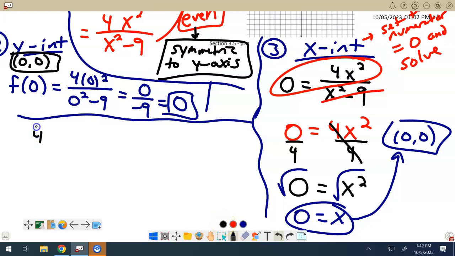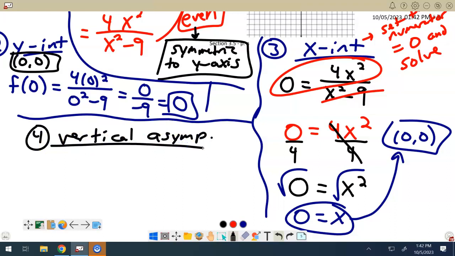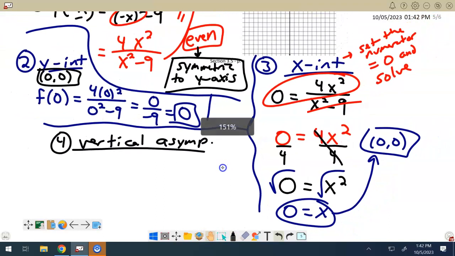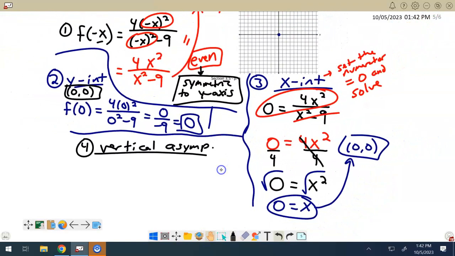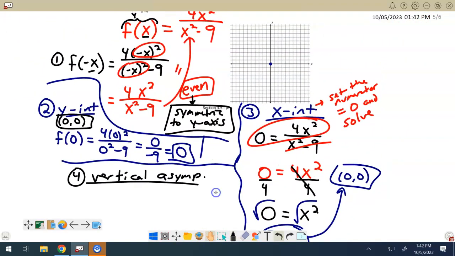Step 4 is to determine the vertical asymptotes. And we do that by setting the denominator equal to 0. So I'm going to zoom out a little bit here so we can see the whole problem. Let me switch colors here so this will stand out a little bit.